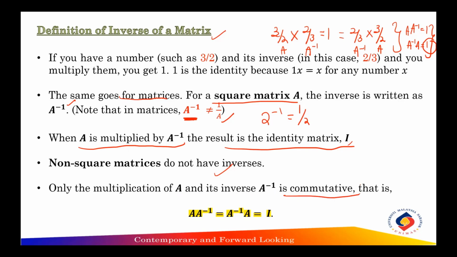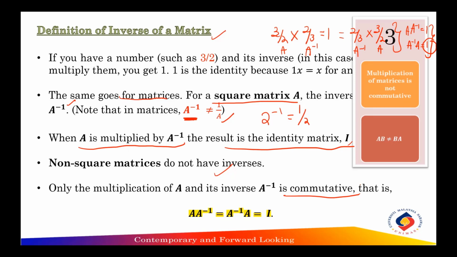If you still remember in the previous slide, in the properties of multiplication, multiplication of matrices is not commutative. As you can see here, matrix A multiplied by matrix B is not equal to matrix B multiplied by A. That's why in this case, please remember only A and its inverse is commutative.